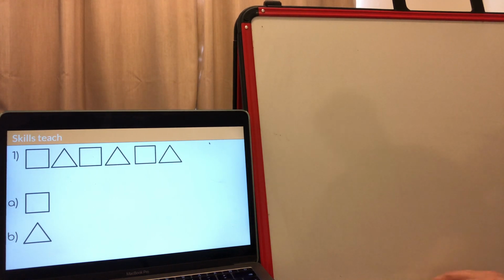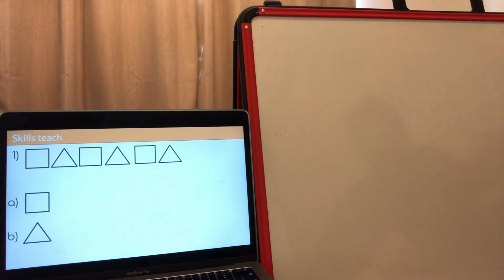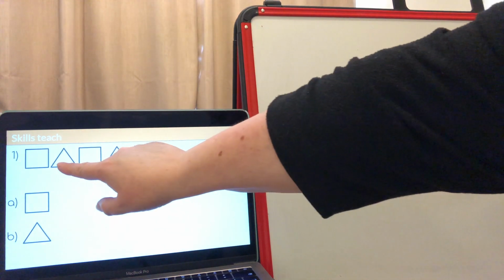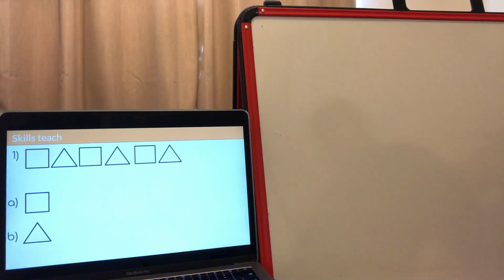Okay, so moving on, we're going to use those shapes to make what's called a repeating pattern. It's a pattern of shapes where the same thing happens over and over again. So if you say the names of these shapes, it's going to help you to work out whether it's shape A or shape B that needs to come next. So I'll show you. Square, triangle, square, triangle, square, triangle.